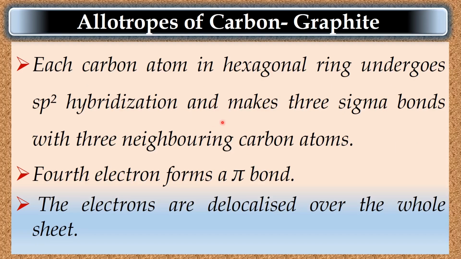Each carbon atom in hexagonal ring undergoes sp2 hybridization and makes 3 sigma bonds with the 3 neighboring carbon atoms. Fourth electron forms a pi bond. The electrons are delocalized over the whole sheet.